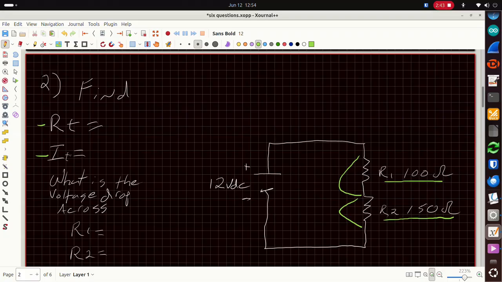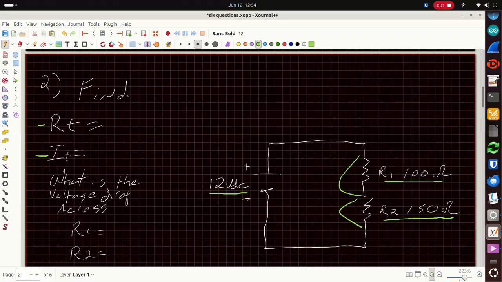We know the value of R1, we know the value of R2, and we know the voltage, so we should be able to figure out current. I'm starting to call current IT because it might change in the future. There might be multiple paths of current. Just saying. So that's question 2.